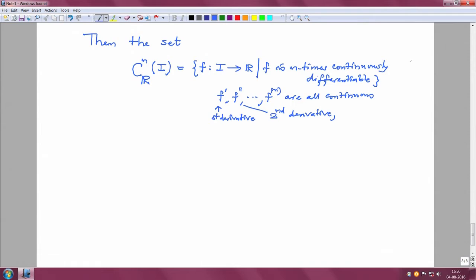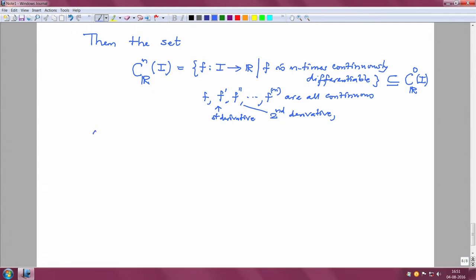So this is also a subset of C^0(R, I). And it is a subspace.